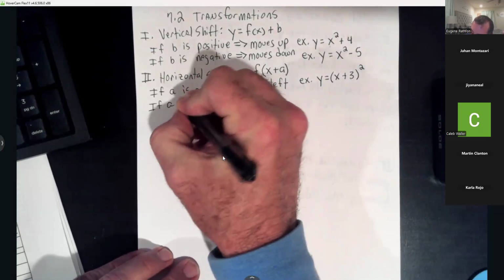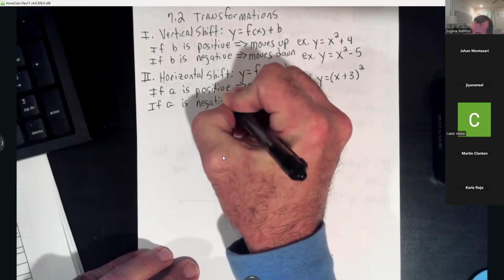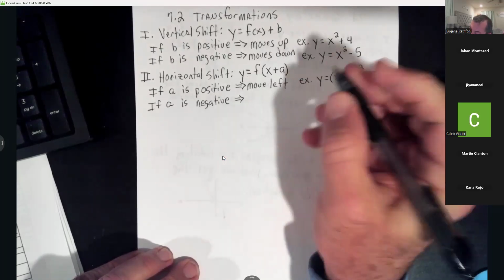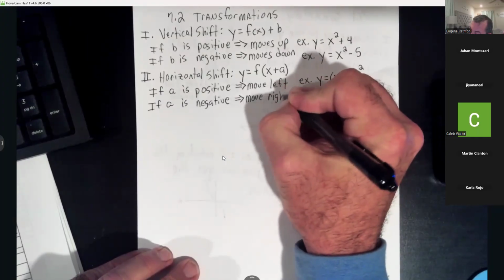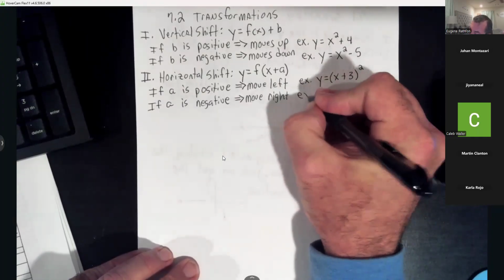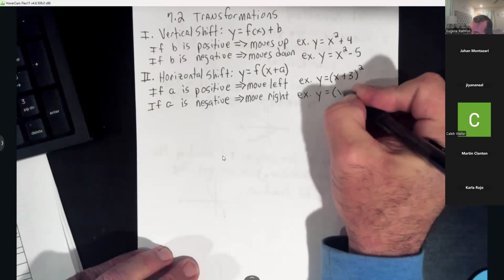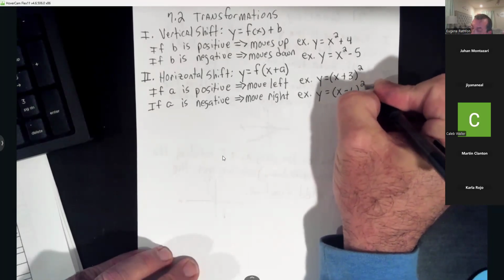So that means if the a is negative, so I'm subtracting from the x, y'all, that's actually going to move me to the right. So an example of that would be y equals x minus 6 squared.